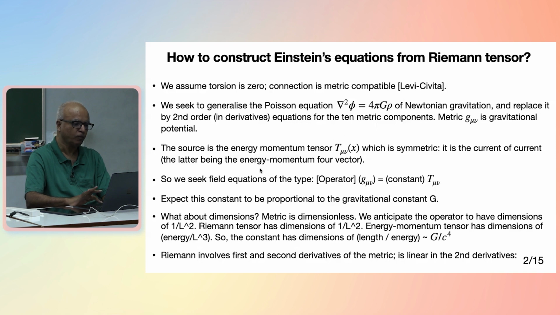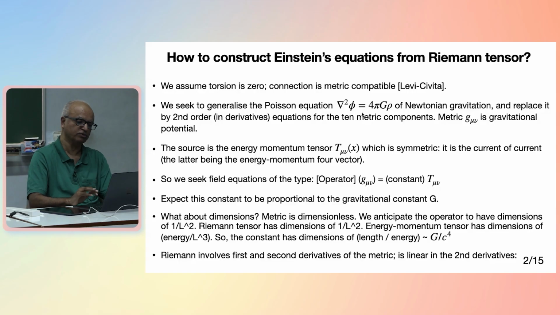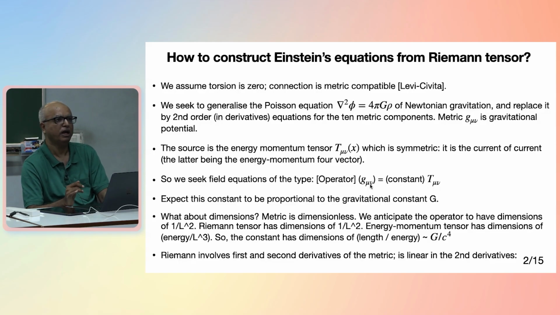So we seek field equations of the type: some operator acting on the metric should be some constant times T mu nu. These equations should reduce to the Poisson equation in the non-relativistic limit, for weak fields and slowly moving sources. What is meant by weak fields? The potential has to be small. It has to be first written in dimensionless units.